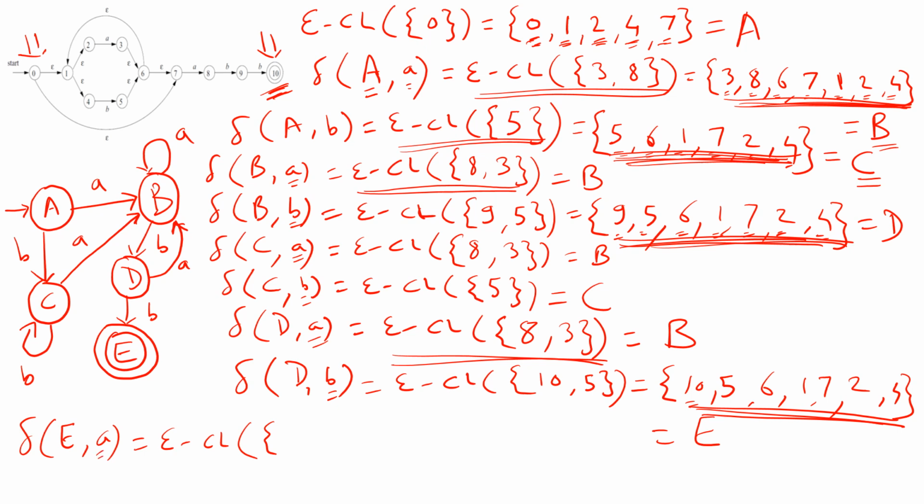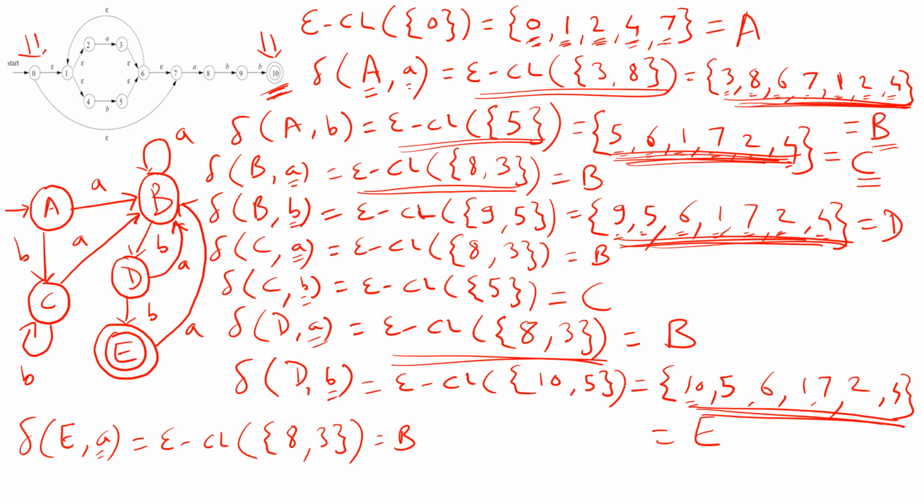And the input alphabet is A. So we check 10A, no. 5A, no. 6A, no. 1A, no. 7A takes you to 8. 2A takes you to 3. 4A, no transition. And we know what epsilon closure of 8, 3 is. That's B. Right? So from E on input alphabet A, we go to state B.